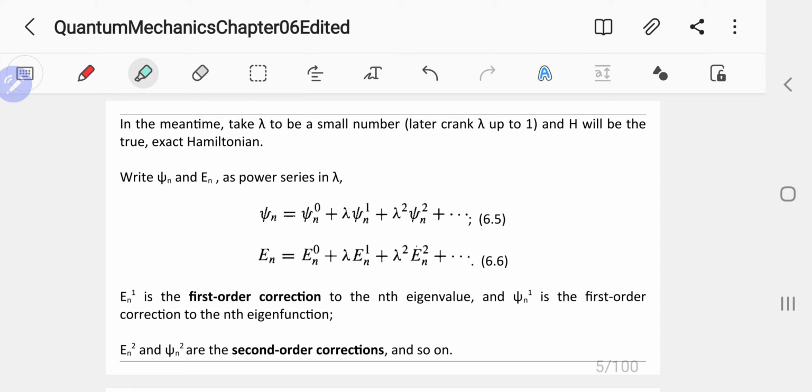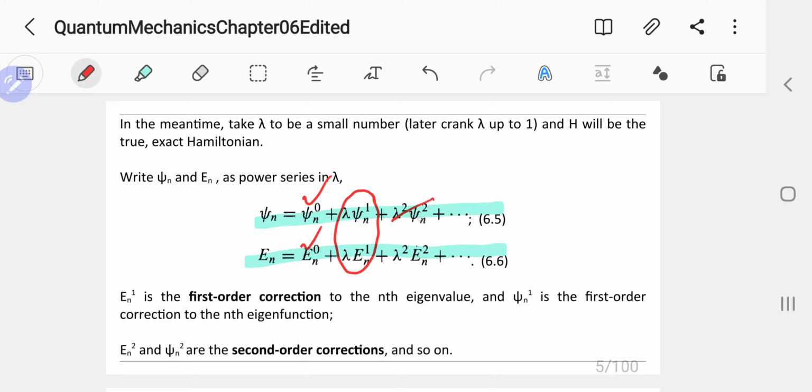So in this case, we can write our wave function and the energy as powers of lambda. So here we have this one, and the first order correction would be this one, because these are the original energies and wave function. This is the first order.